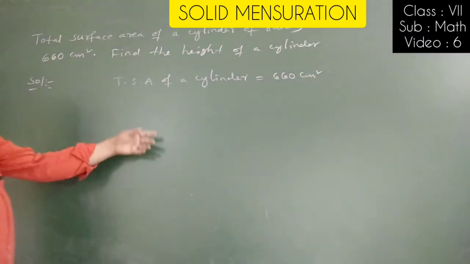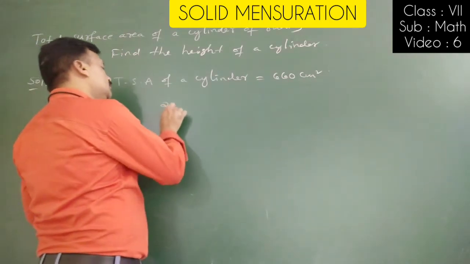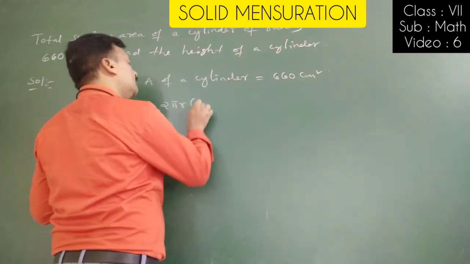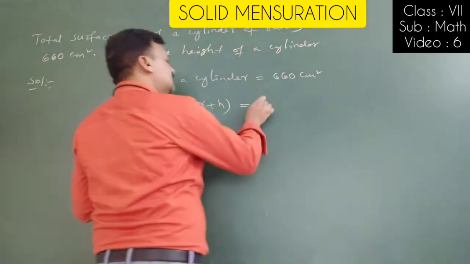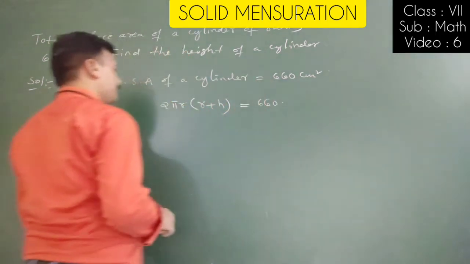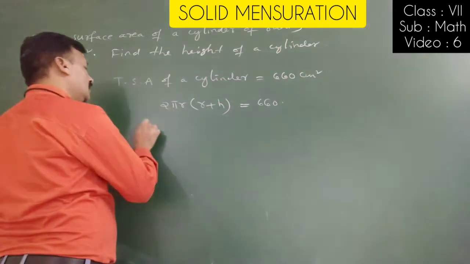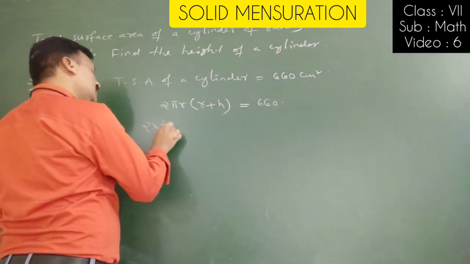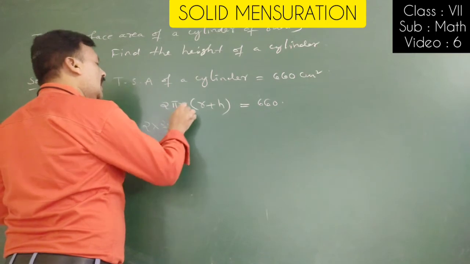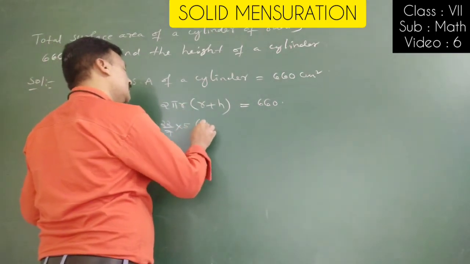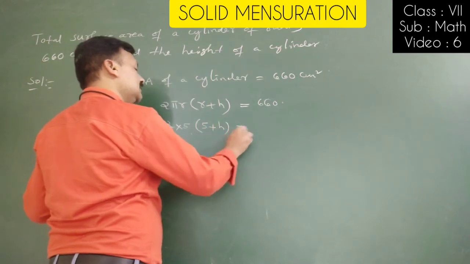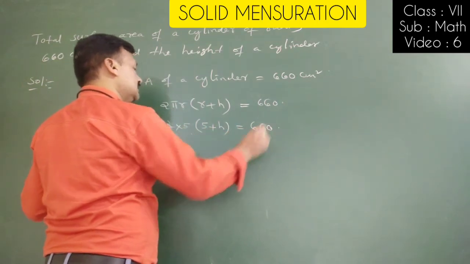Actually, the total surface area of a cylinder is 2 pi r (r plus h), equal to 660. Here we also have r: 2 into 22 by 7 into 5 centimeters, which they gave, into (5 plus h) is 660.